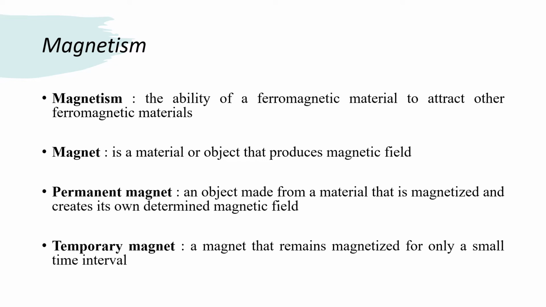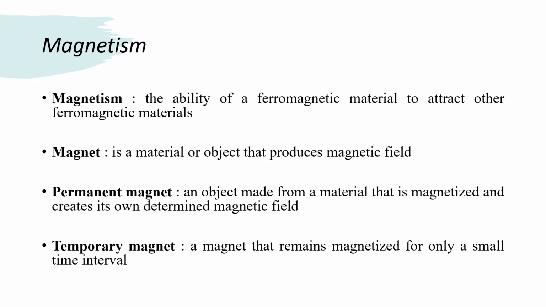The piece with this ability is called a magnet. Basically, magnets are classified into two types. One is the permanent magnet, another is the temporary magnet. A permanent magnet is an object made from a material that is magnetized and creates its own magnetic field.